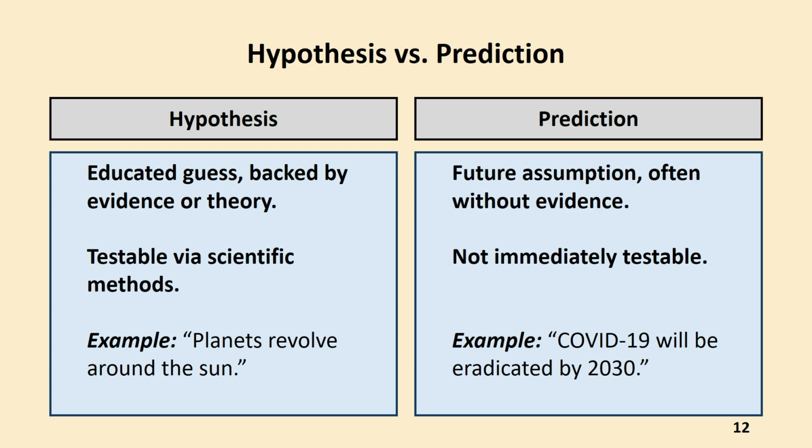Second is, hypothesis is testable via scientific methods. This is very significant, this is how hypothesis differs from prediction. Hypothesis is a tentative statement that is subject to be testable via scientific method. A researcher makes a scientific attempt to test whatever has been formed as a research hypothesis.